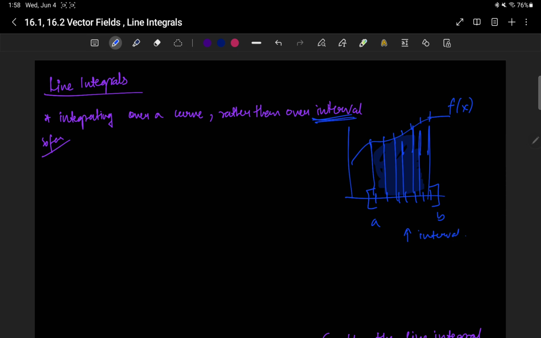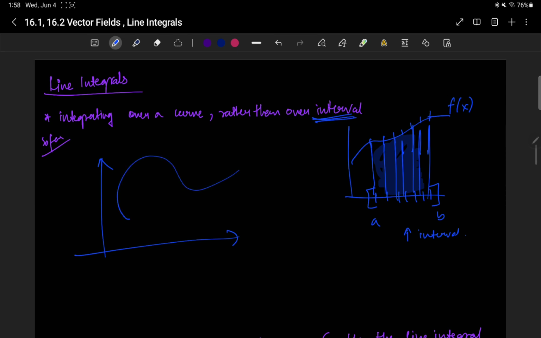However, now that we are in the vector world, we want to be able to work not just with the interval but with any curve. So the idea of a line integral is to be able to integrate on any curve, because remember, in the vector world there are arrows associated with each of these points, which means we're not adding up scalar values when we are doing integration anymore.